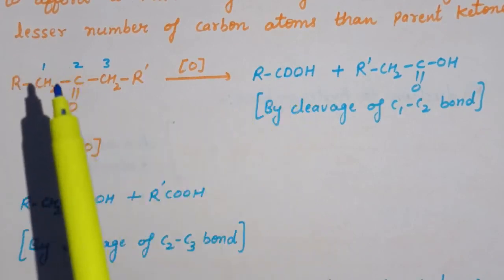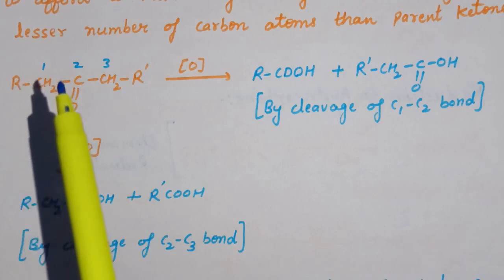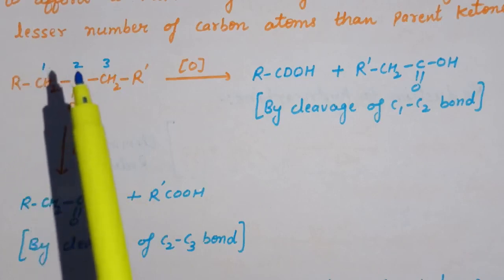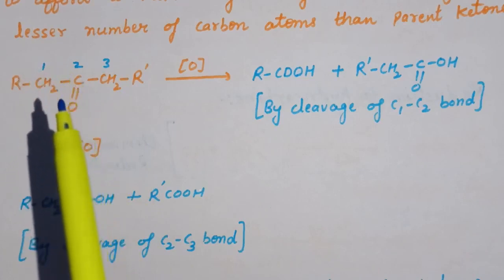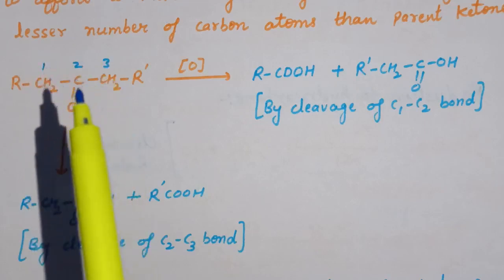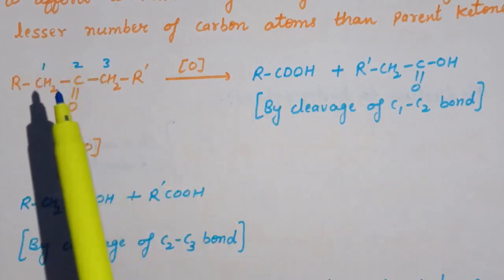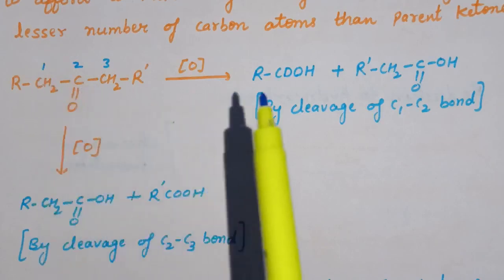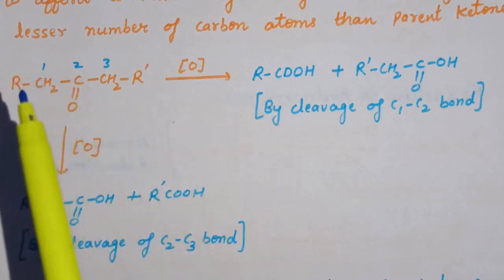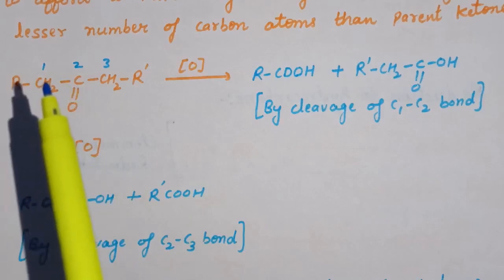So here there are two possibilities, either cleavage of carbon 1 and carbon 2, that is the bond between carbon 1 and 2 is broken, or the bond between carbon 2 and 3. So first is by cleavage of carbon 1 and carbon 2. So when we break this bond, here two acids are formed, RCH2.